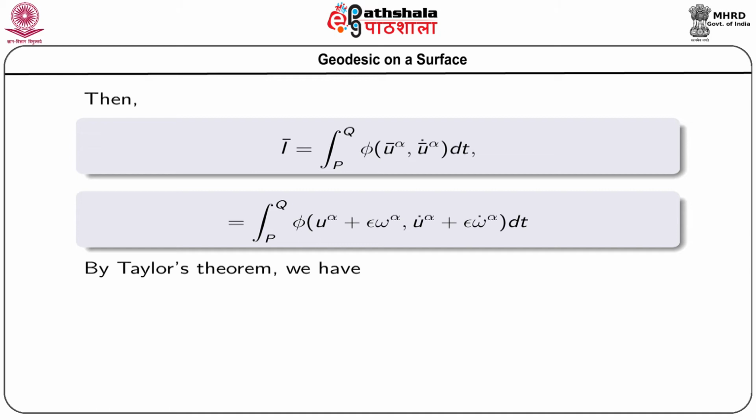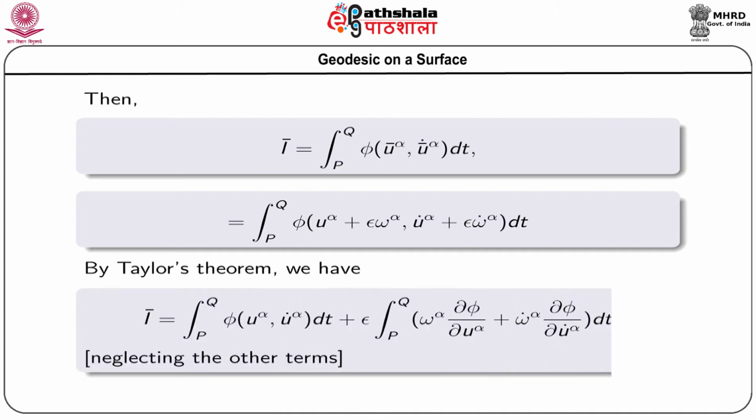Now, using Taylor's theorem for function of two variables, we have I bar equals the integral from P to Q of φ(u^α, u̇^α) dt plus ε times the integral from P to Q of (ω^α ∂φ/∂u^α + ω̇^α ∂φ/∂u̇^α) dt.